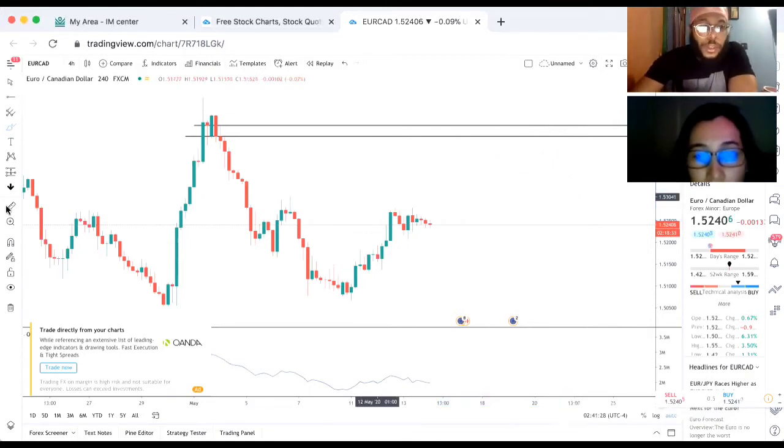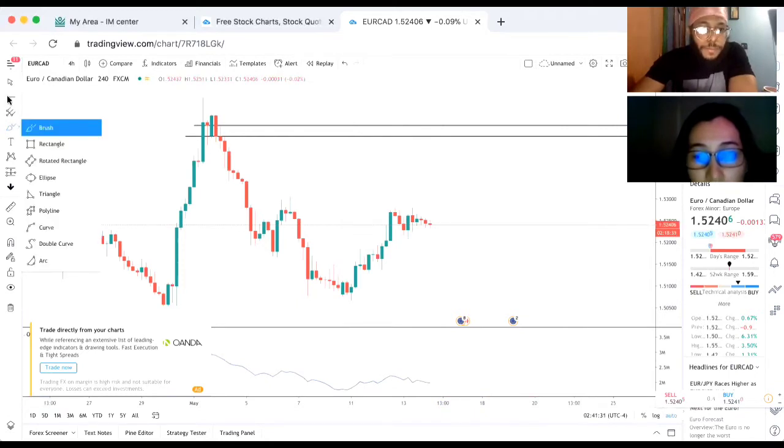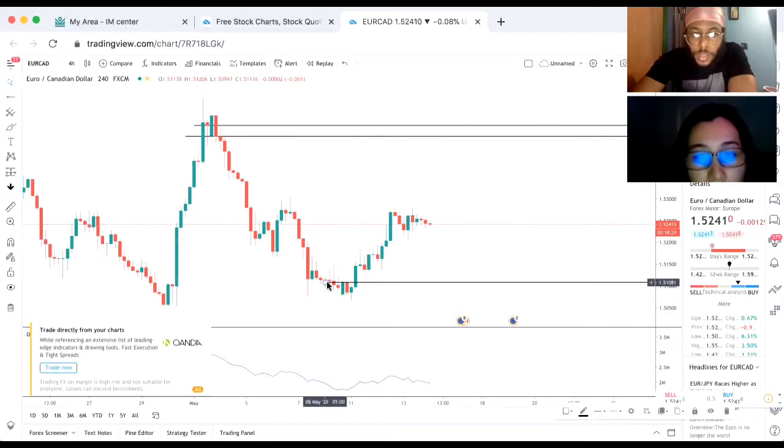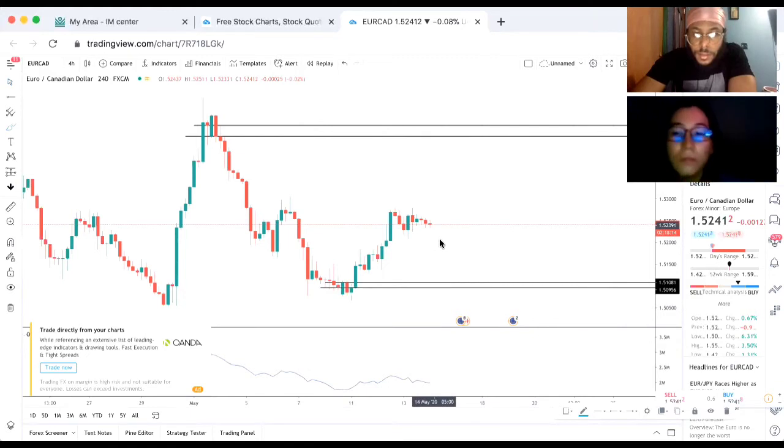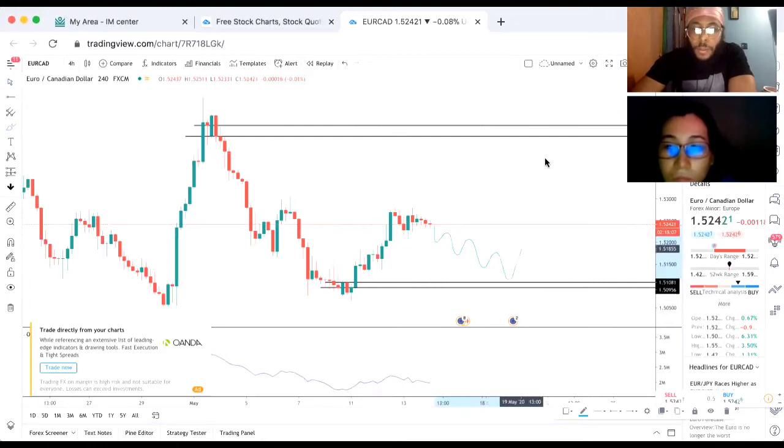So if price drops, we can also mark this one. We can mark the top of it, and we can also mark the middle of it. So if price goes down, we can wait for it to hit there, and then it'll go up.